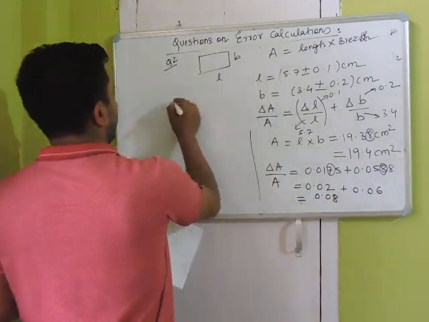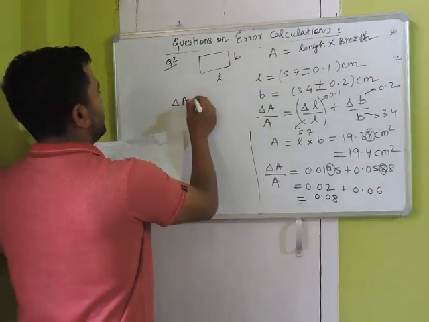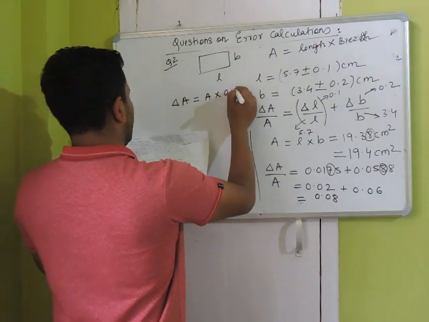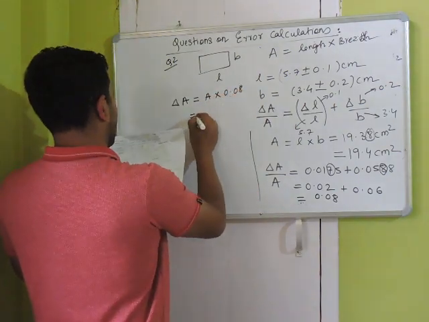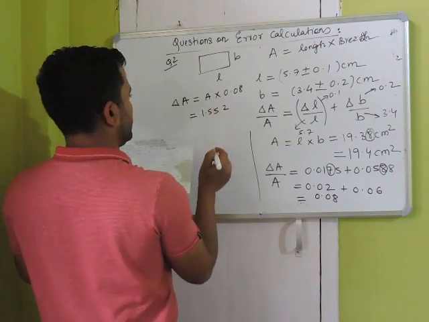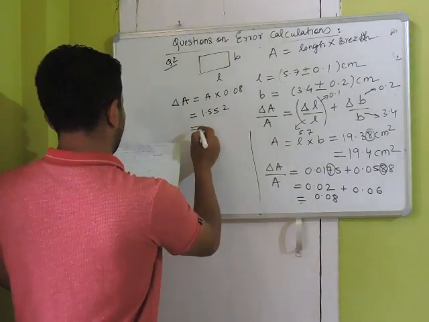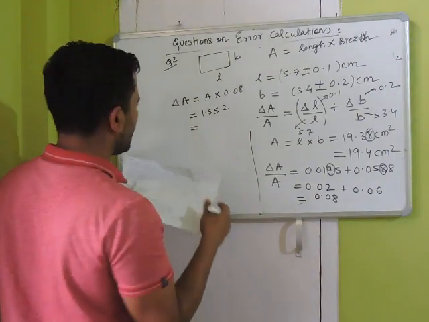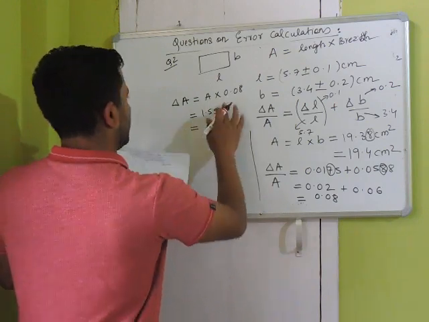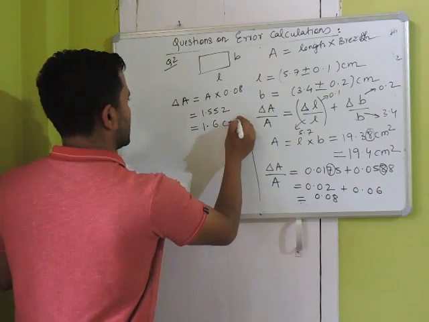So delta A will be A into 0.08, which comes out to be 1.552. Now if I round it off to one significant figure, it will be 1.6 centimeters square.